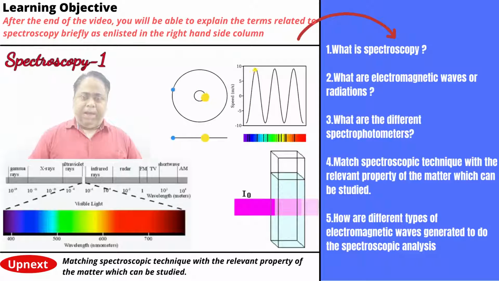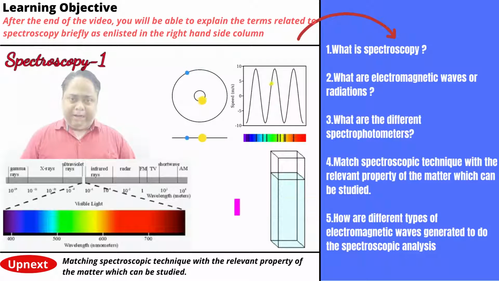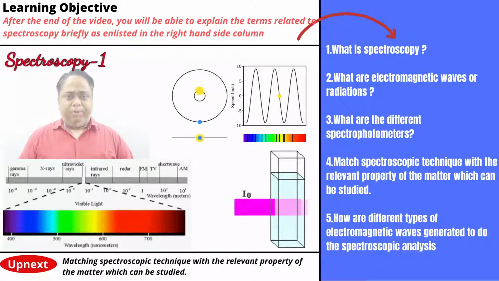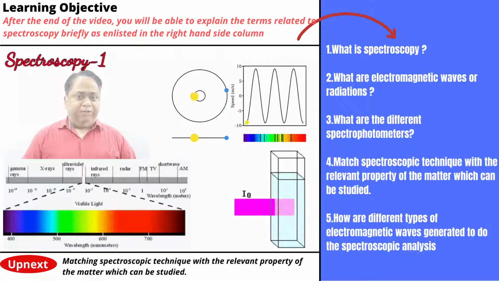So, as many types of wavelengths of light or electromagnetic radiations are possible, that many types of spectroscopic methods are there. If I have to define what spectroscopy is, I would define it as the study of interaction of electromagnetic waves with matter. We know that all matter is made up of atoms and molecules.